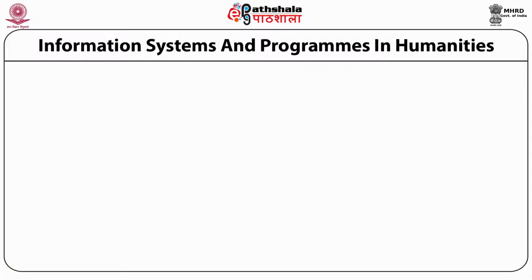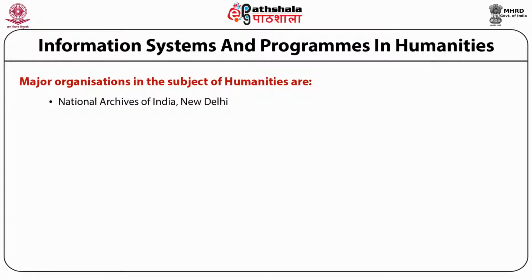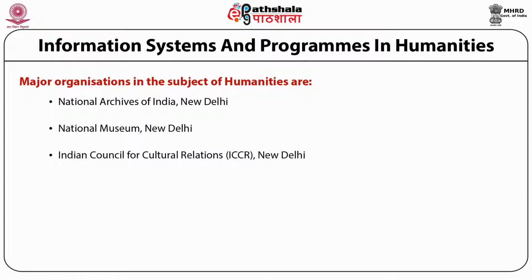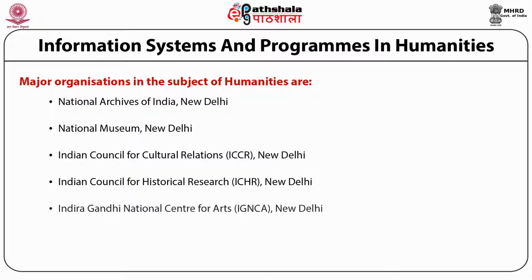Information systems and programs in humanities. Major organizations in the subject of humanities are National Archives of India, New Delhi, National Museum, New Delhi, Indian Council for Cultural Relations, ICCR, Indian Council for Historical Research, ICHR, New Delhi, Indira Gandhi National Centre for Arts, New Delhi, National Mission for Manuscripts, New Delhi.